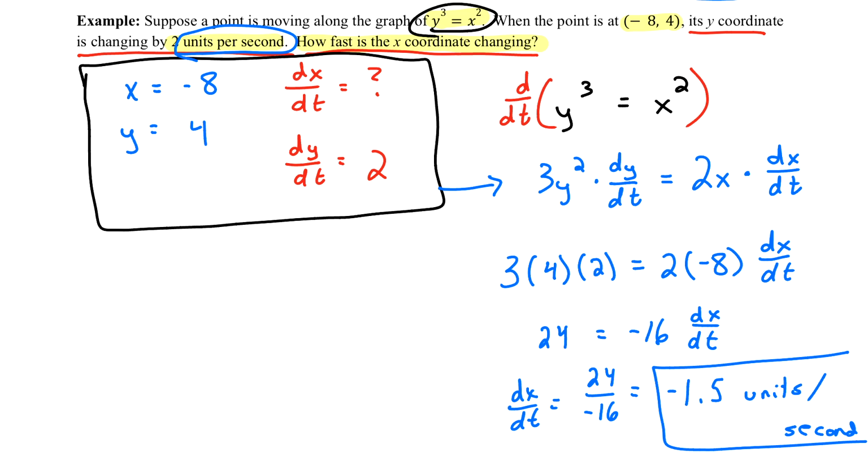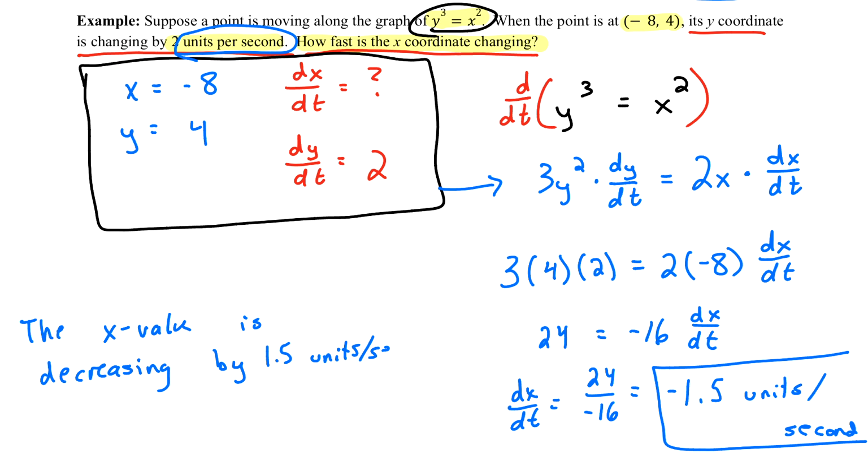If I wanted to go one step further, I could actually interpret this, and I can look at that and say, well, because it's negative, that means the x value is decreasing by 1.5 units per second at the point we said (-8, 4).